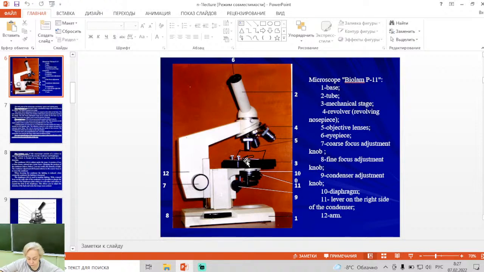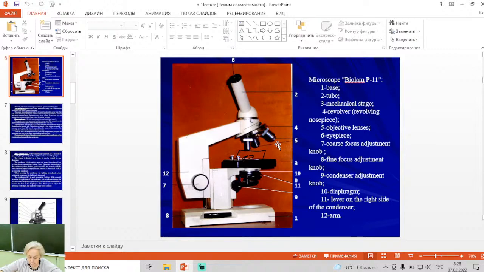For examination of the object at high magnification of the microscope, place it in the center of the field of view. Adjust the sharpness of the image using the fine focus adjustment knob. Rotating the revolver, put in working position the lens at high magnification, for example, times 40.